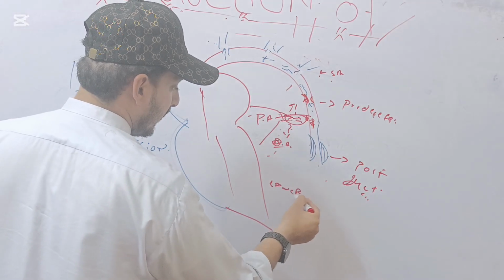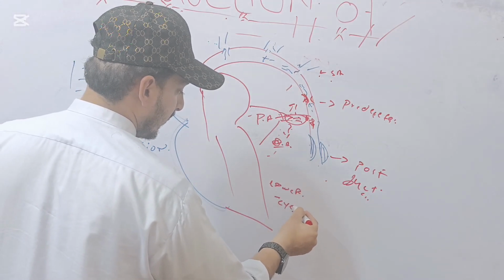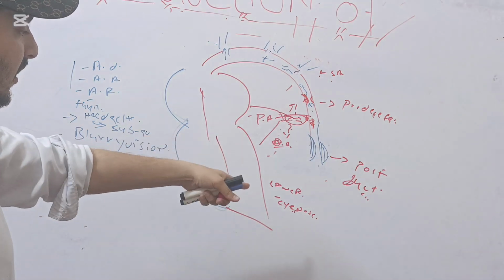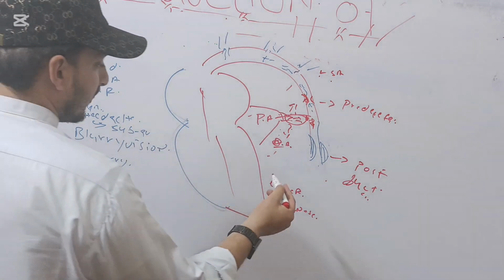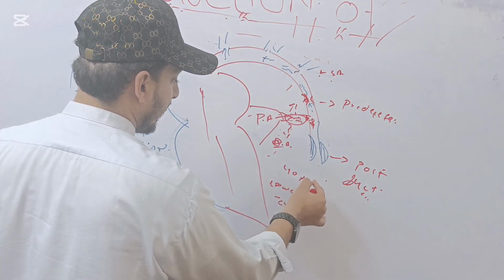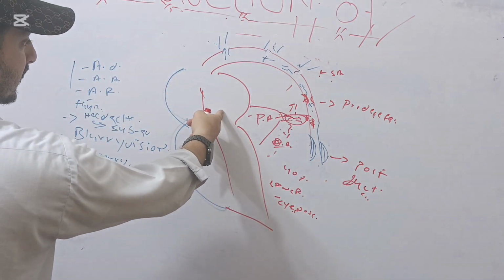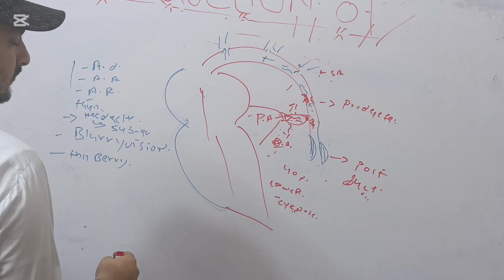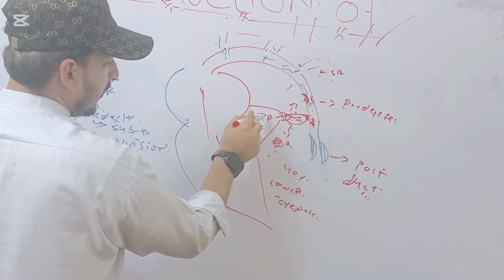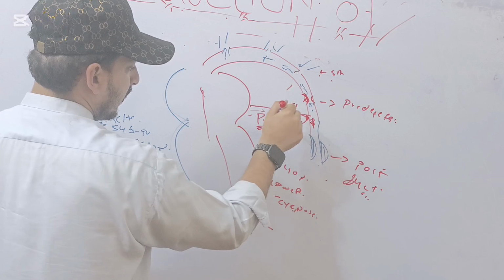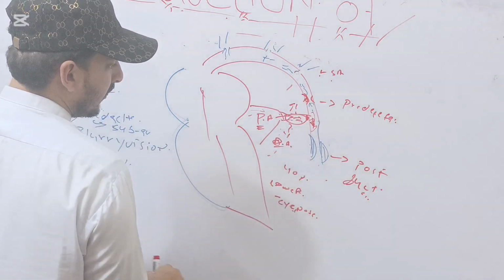The lower extremities become cyanotic because the blood did not receive oxygen; here is 40% oxygen present, and the pulmonary arteries give deoxygenated blood through the ductus arteriosus to the aorta.